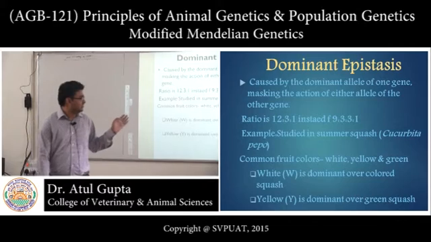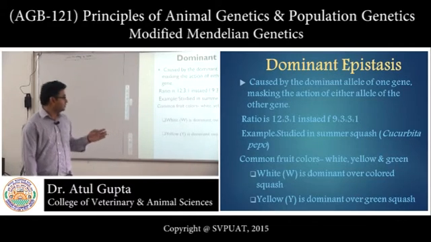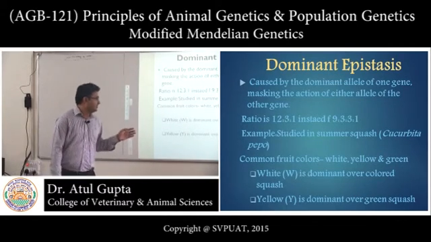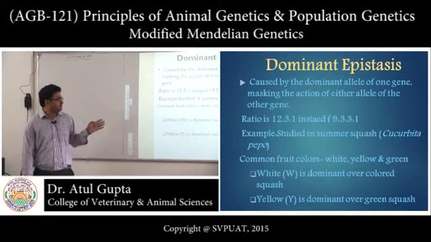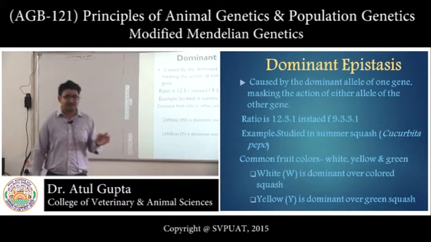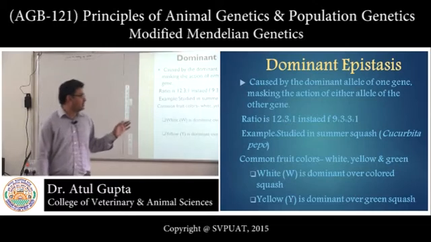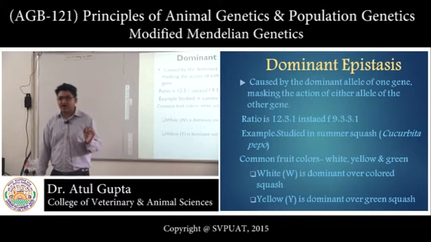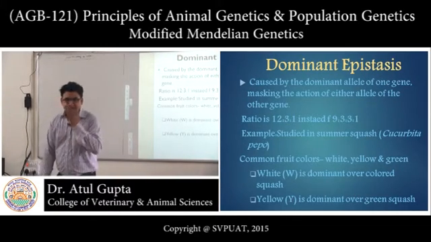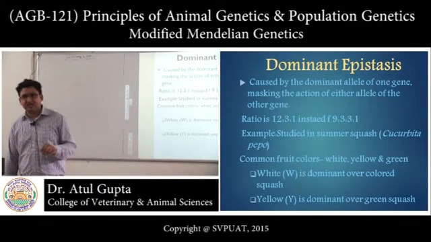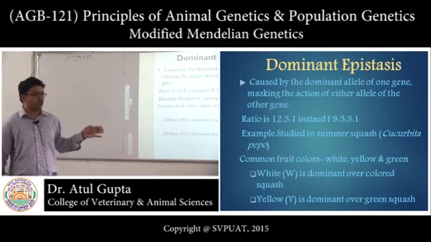An example of this type of epistasis was studied in summer squash, Cucurbita pepo, a common fruit in which white, yellow and green colors are there. White is dominant over colored squash, and among colored squash, yellow is dominant over green.